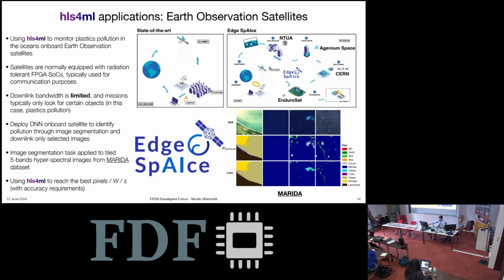The idea is to perform the computation on board instead of passing the images to the ground station, as you can see from the state of the art versus the edge space, that is the name of this project. That's mainly because the downlink bandwidth is limited, and so it's better to use it only for the necessary information.